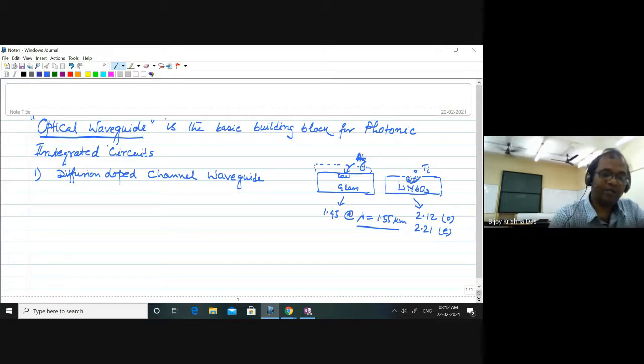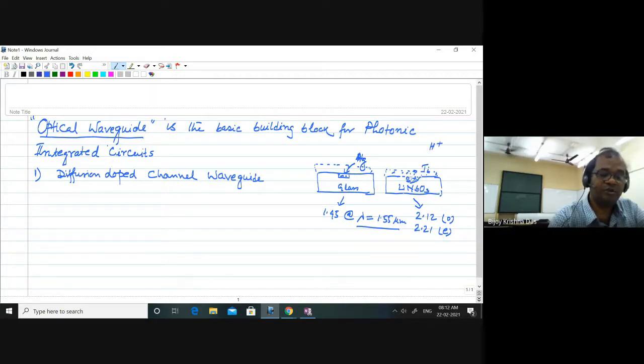That refractive index change can be treated as the core, and it should be higher than the refractive index of the lithium niobate around it. The lithium niobate substrate can be the lower cladding, and the upper cladding will be air. Or again, you can put some cap or cladding material here that should be lower than the refractive index of the core. That is titanium diffusion, or sometimes it is also done by the proton exchange method.